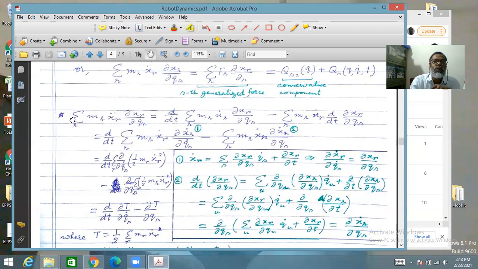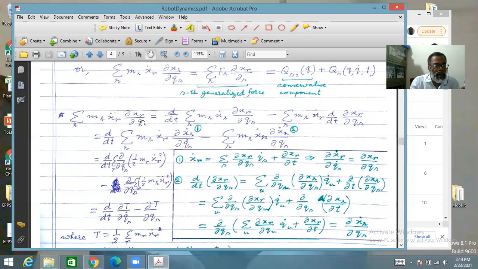So what we do? We do that replacement, take one dot away from here and put d by dt here, and whatever is the extra component, that we subtract. Okay. So in this derivative, mr is constant anyway. So in this derivative, we have derivative of this, which is here, into this, which is here.